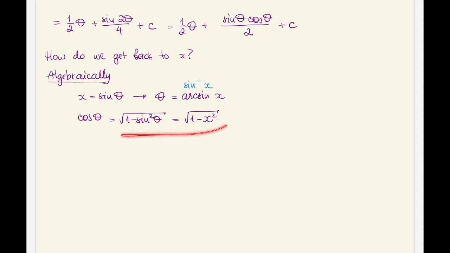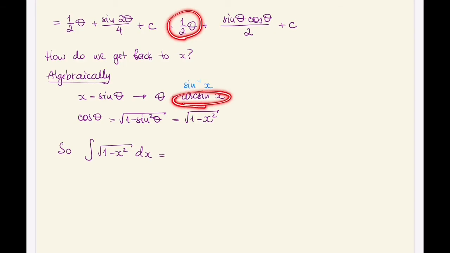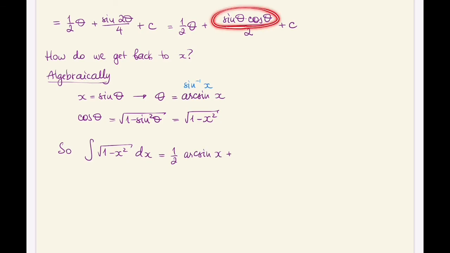Now I'm going to plug in all of this information into my final answer for the integral here to be able to rewrite the whole thing in terms of x. So what I have here is now that my original integral, the square root of 1 minus x squared dx, is equal to, let's read this off, a half of theta, and theta is arcsine of x, so I have a half of arcsine of x, plus then I have sine theta times cosine theta.